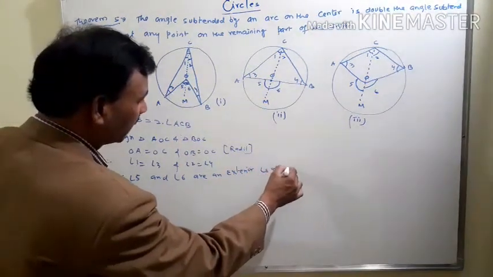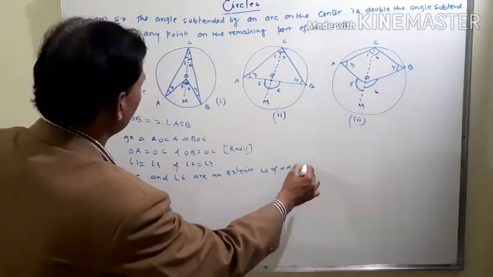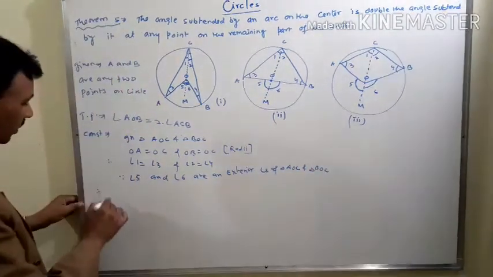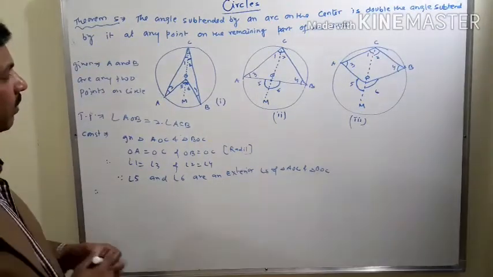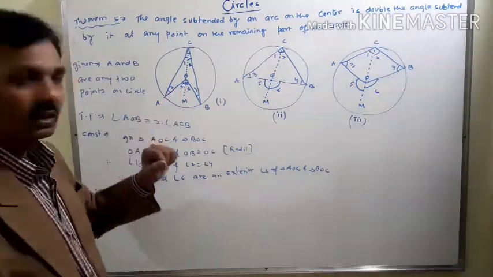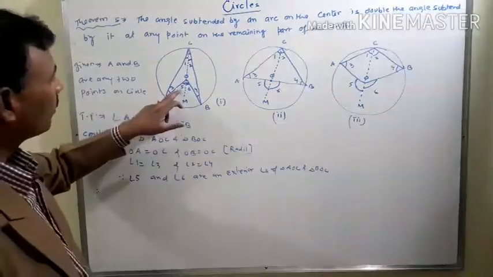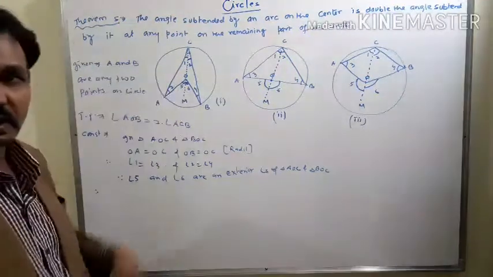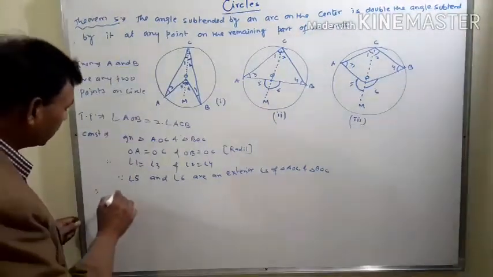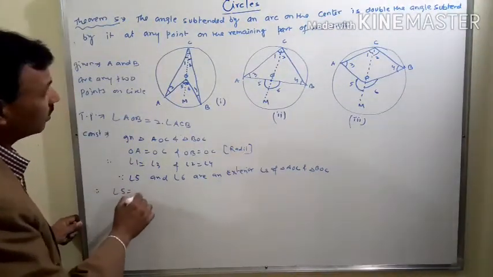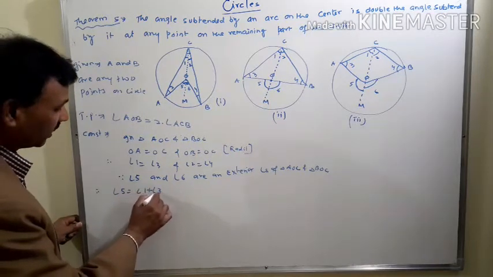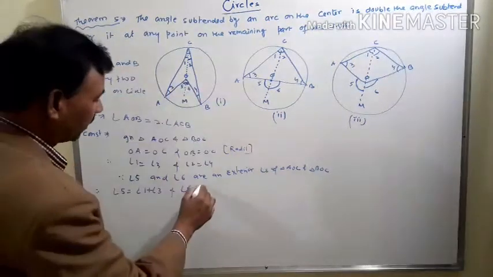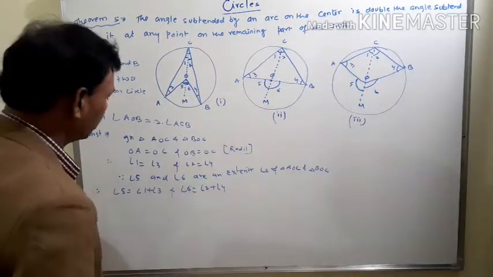Therefore, we can write the property of the exterior angle: the exterior angle is equal to the sum of the two opposite interior angles of that triangle. That means angle 5 equals angle 1 plus angle 3, and angle 6 equals angle 2 plus angle 4.